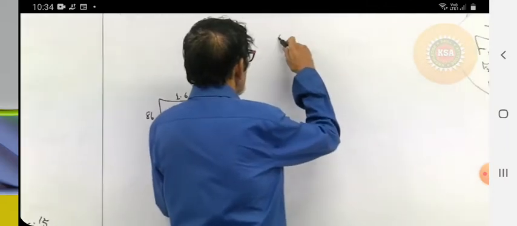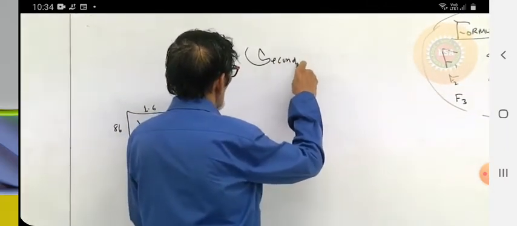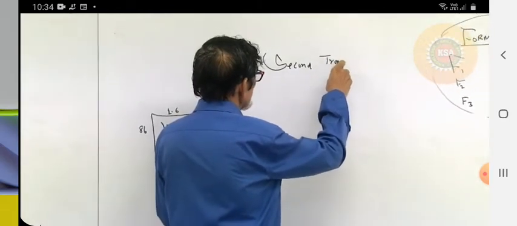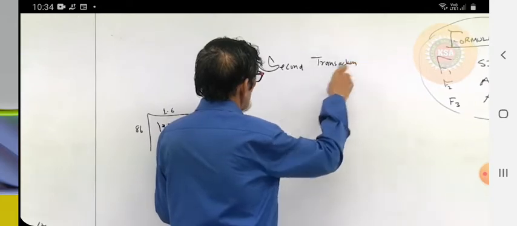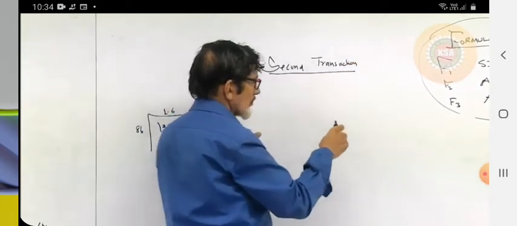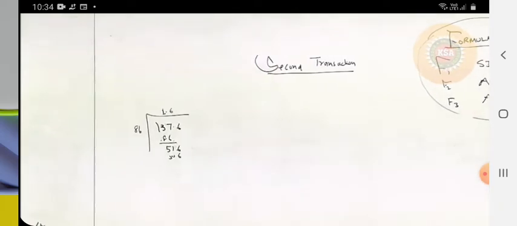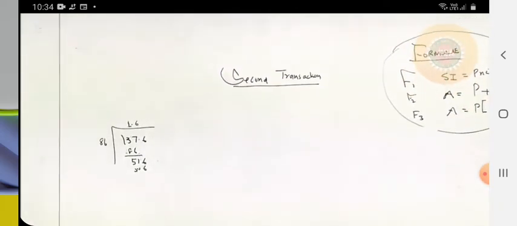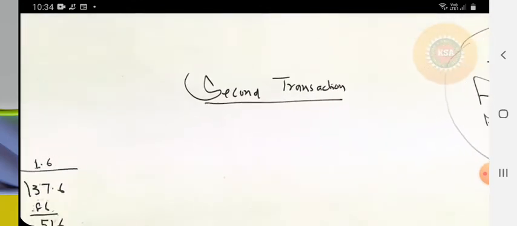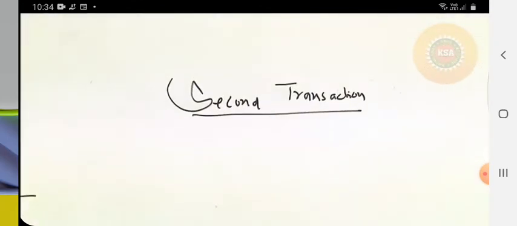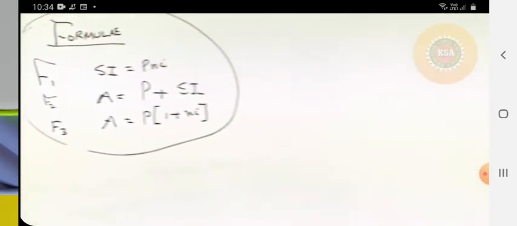Second transaction heading. What will rupees 64 amount to?